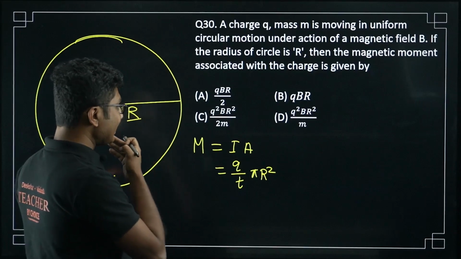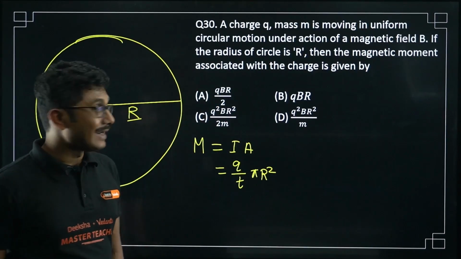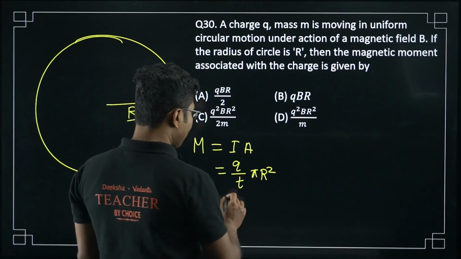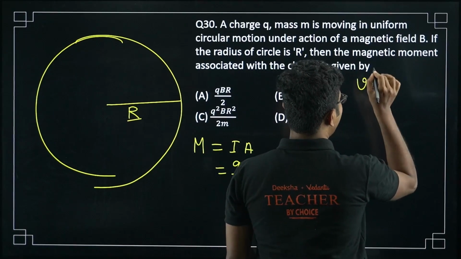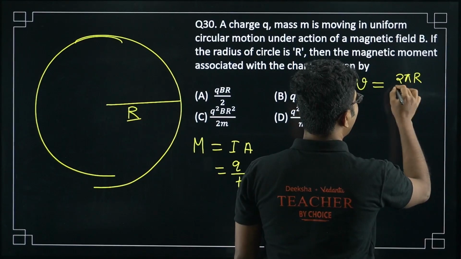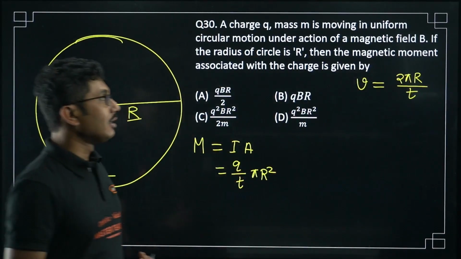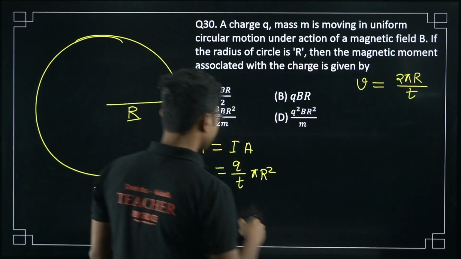Now what are the known values here? B is given, R is given, so magnetic field is given. So what we have to do is simplify it for velocity. Velocity we need to find. Velocity is basically 2 pi r by t. So how are we going to eliminate time? We can eliminate it using the term velocity.